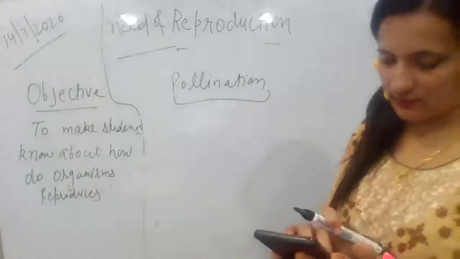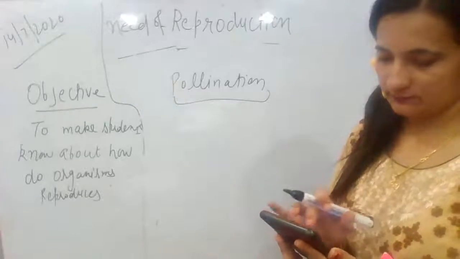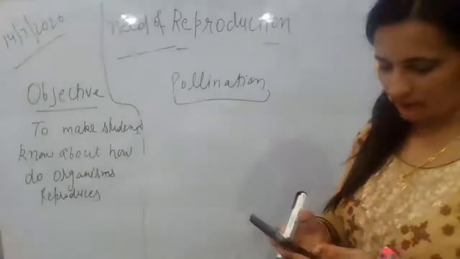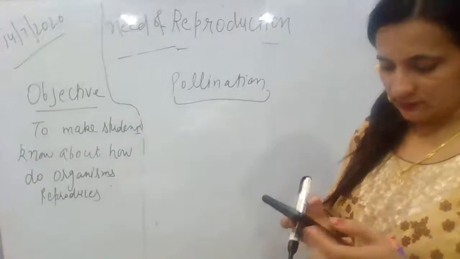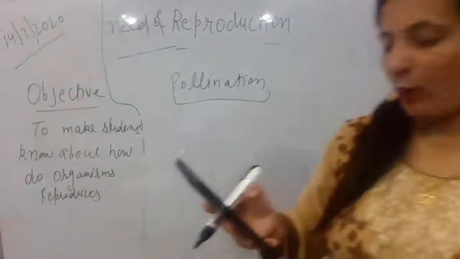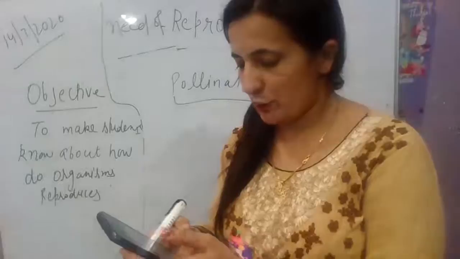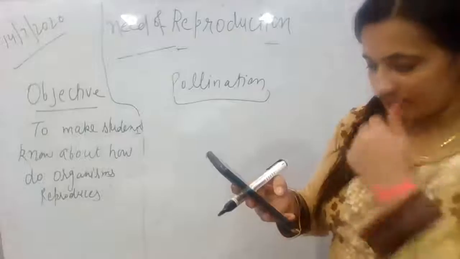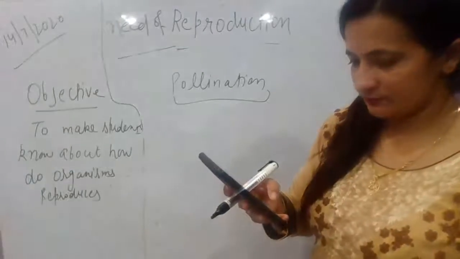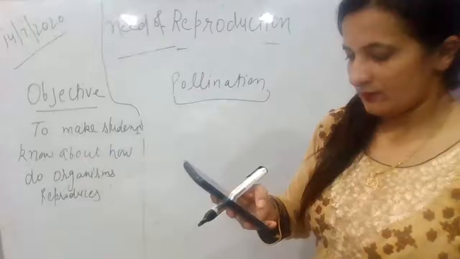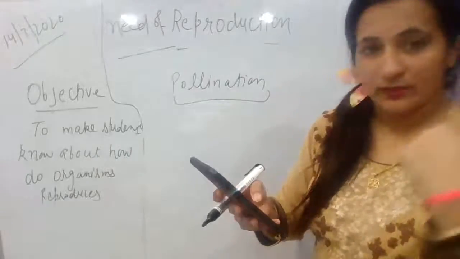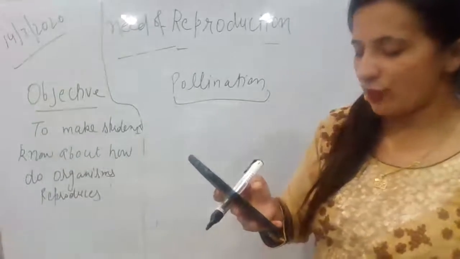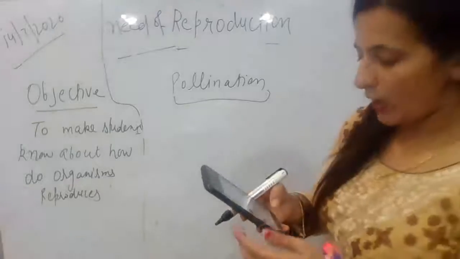Let me check your answers. Transfer of pollen to stigma of a flower to follow fertilization. Good, Push. Transfer of pollen grain from anther to stigma. Hanji beta. Puneet: propagation of male cells from anther to stigma. Yes, all are right, beta.